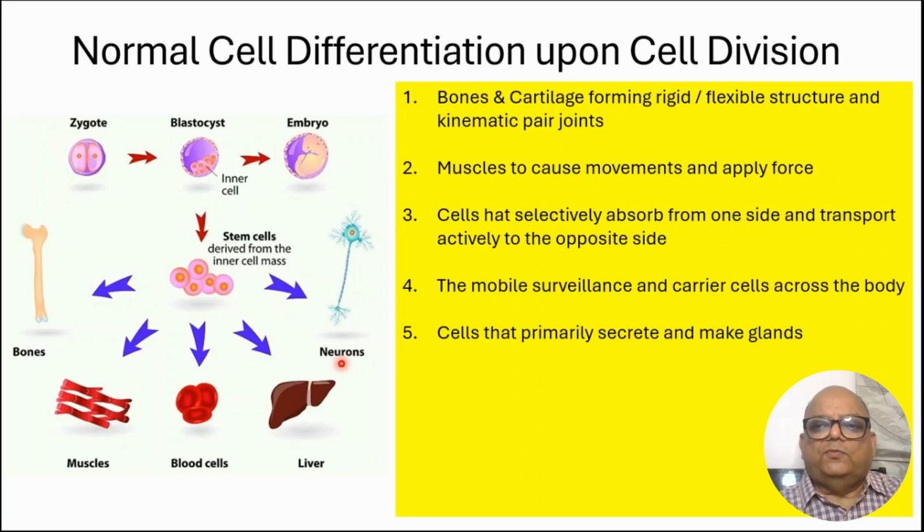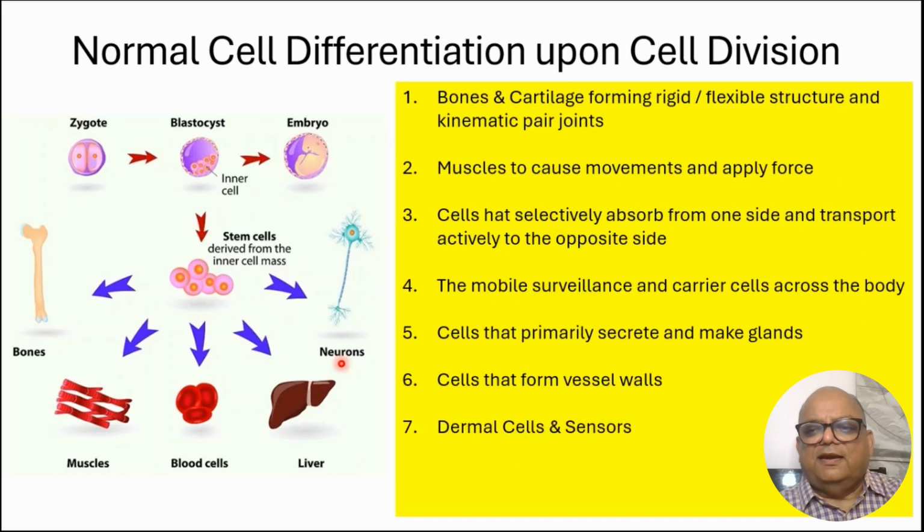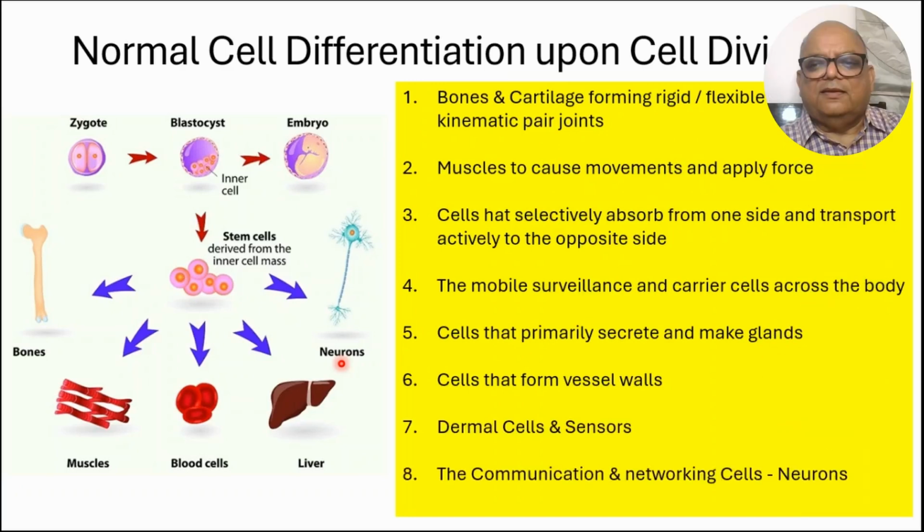So cells that primarily secrete and make glands, then cells which form the walls of various vessels, then the external skin and the sensors in the skin. And last but not the least are the intelligent communicating networking cells, those are neurons. So these are the distinct tissues into which the same egg cell can diversify.